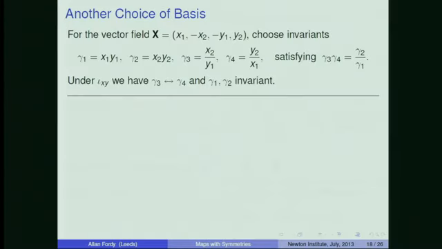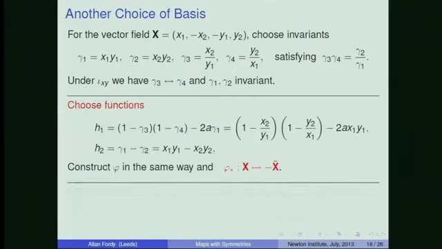So for instance, if you do what I just said, then we'll be choosing as gamma 1, 2, 3, 4 the following: the first 2 are the same, and then gamma 3 is this, gamma 4 is this. And then they satisfy this property, which is different from before. But they still have this property with respect to iota x, y. And if you choose these functions in terms of gammas, then of course you get different functions here. Well, this stays the same; here you get different functions.